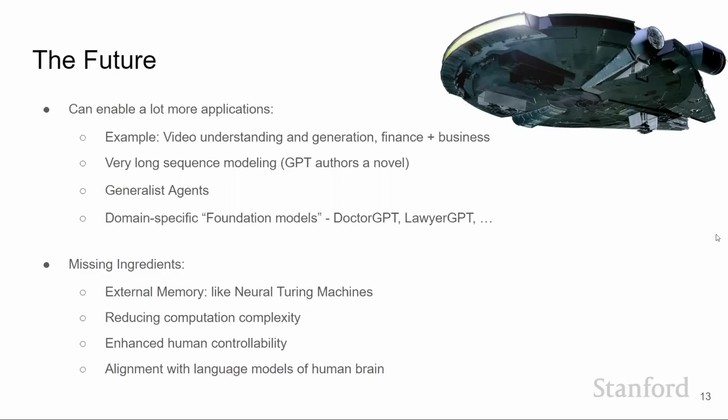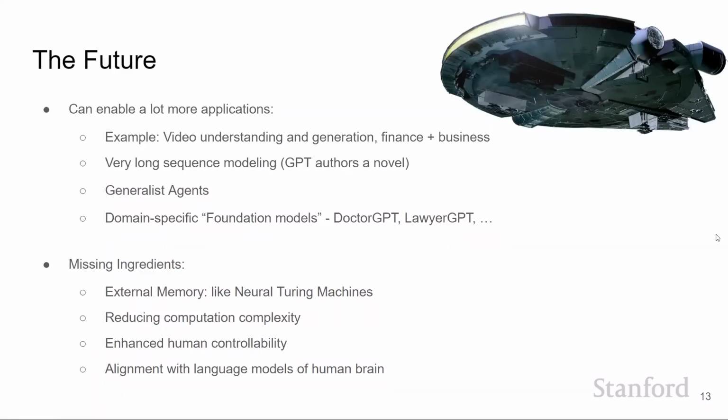There are still a lot of missing ingredients to make this all successful. The first is external memory. We are already seeing this with models like ChatGPT, where the interactions are short-lived. There's no long-term memory, and they don't have the ability to remember or store conversations long-term. And this is something we want to fix.